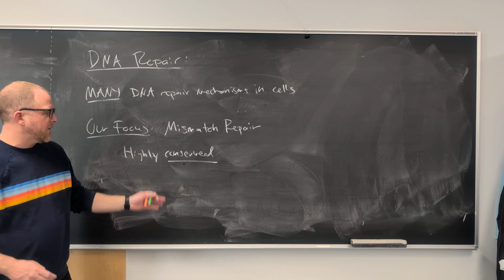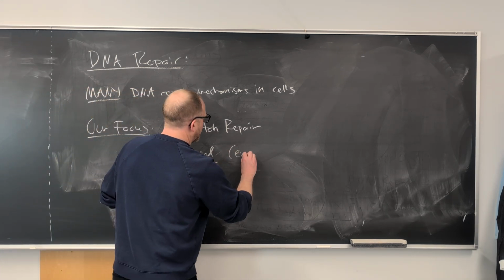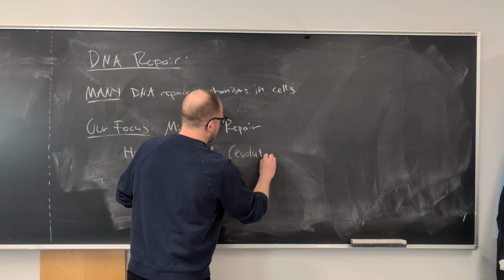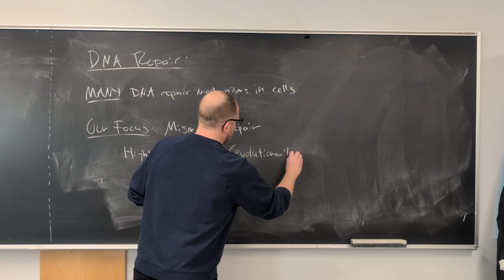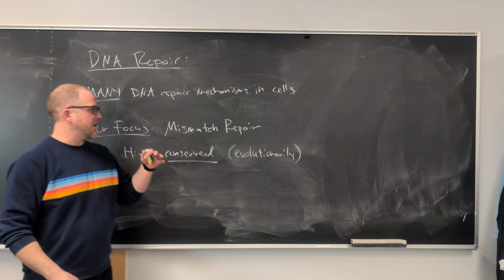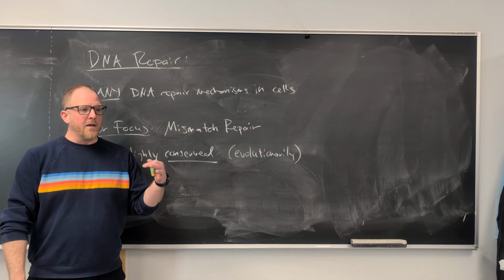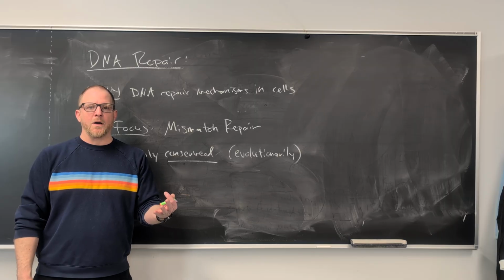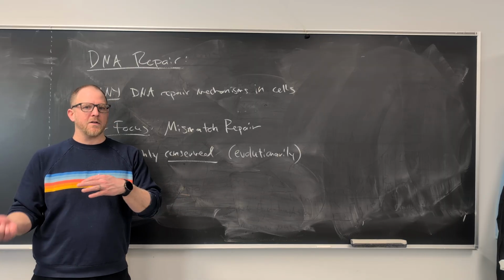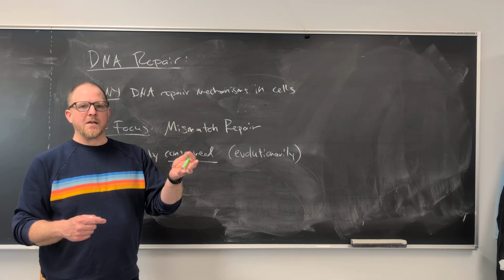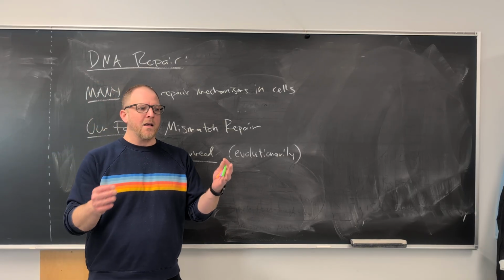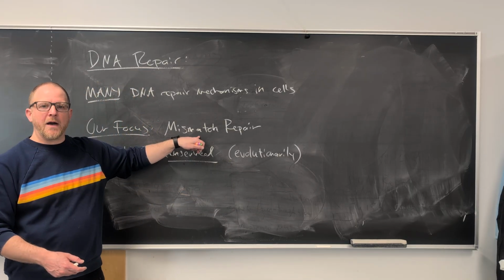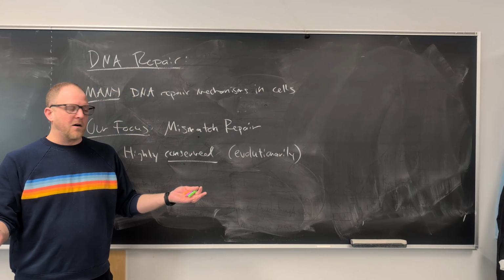You can think of this as highly conserved evolutionarily. So this means that there are mismatch repair mechanisms in bacteria that are quite similar to the mismatch repair mechanisms in eukaryotic cells and even in human cells. Now, some of the intricate details are a little bit different, but this is a fundamental repair pathway that exists in almost all cells on the planet.